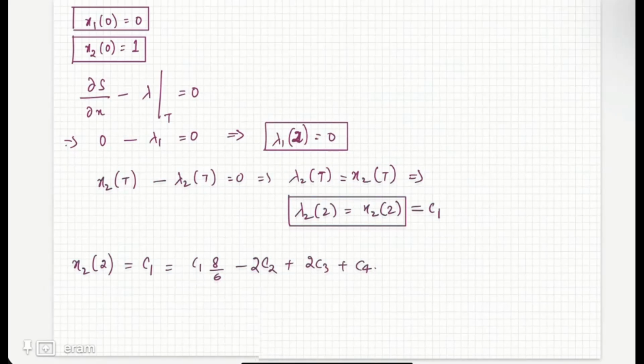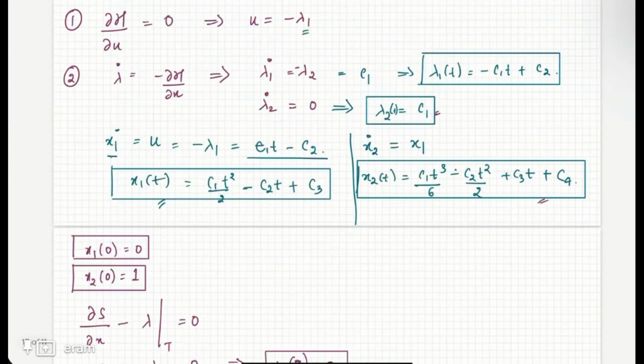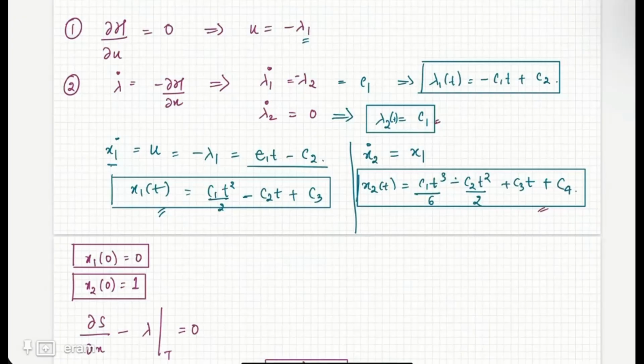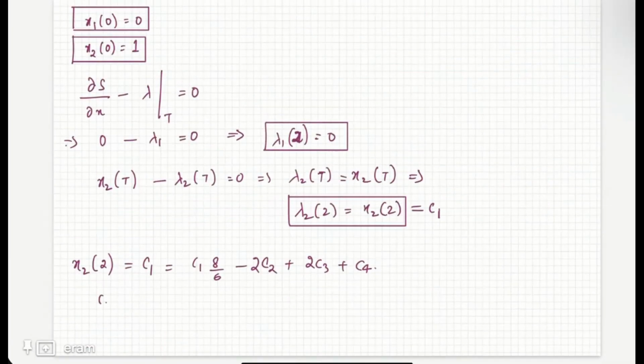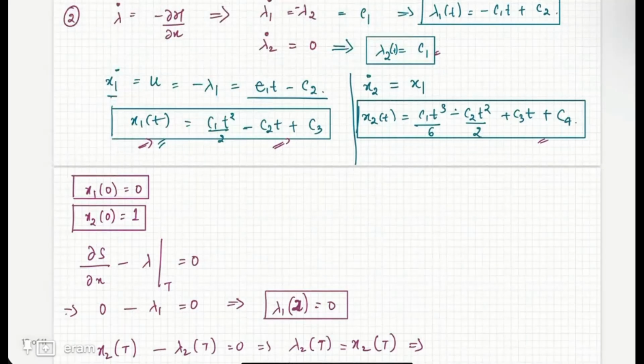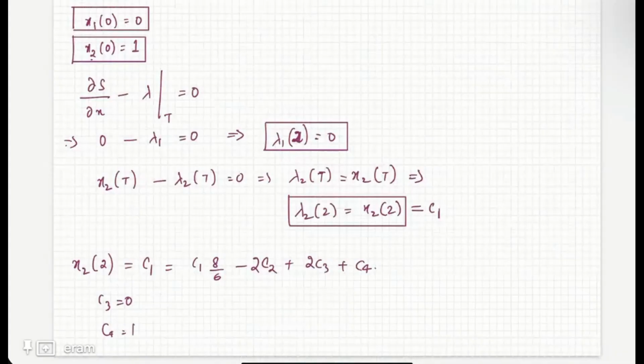Okay, and then we can put t equals 0 here for x1 at 0, and x1 at 0 is given as 0, so C3 comes out to be 0. And here also at t equals 0 we know x2 is 1, so 1 equals 0 plus 0 plus C4, so C4 is 1.